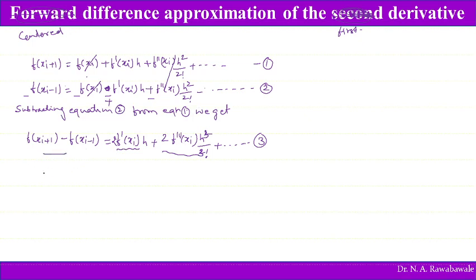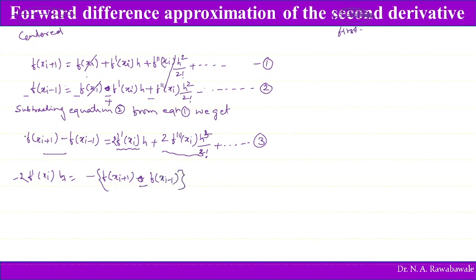Then we get f dash of xi is equal to, transferring the 2h to the right hand side, f of xi plus 1 minus f of xi minus 1, divided by 2h.